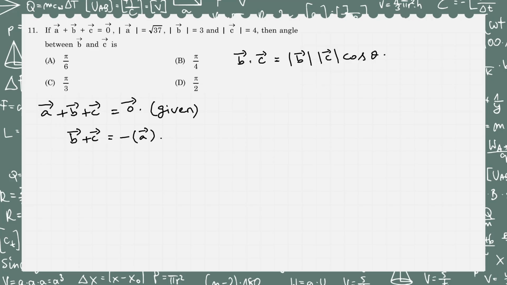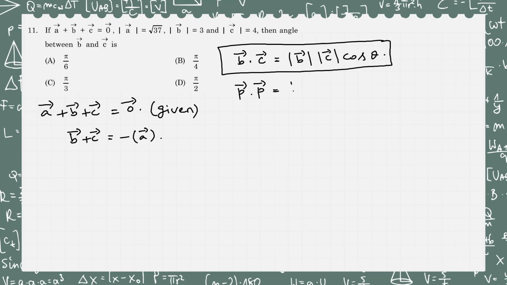But b dot c we cannot find here because we don't know vector b and vector c, so this direct formula is useless here. We will do it another way. We know that for any vector p, p dot p equals length of p square. We will use this formula to find the angle between b and c.